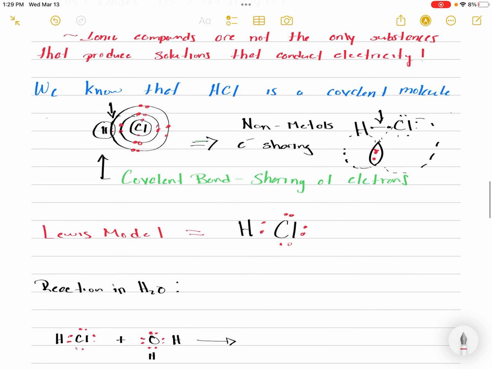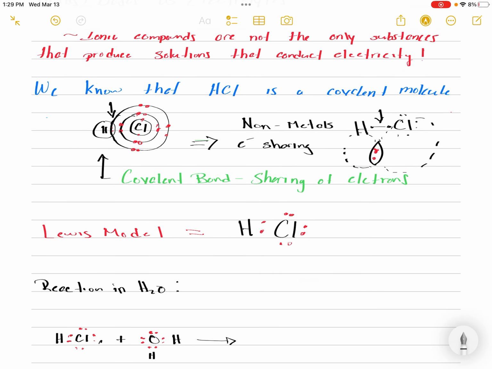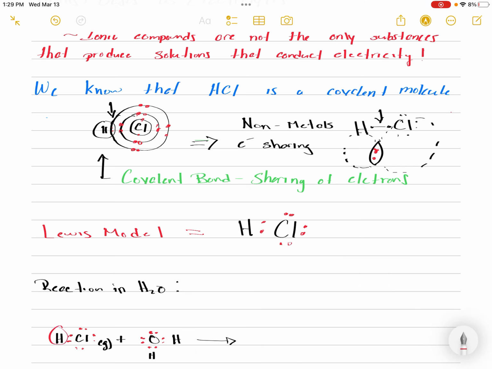Let's say you have hydrochloric acid, which typically exists as a gas, and you react it with water. Well, what happens in this situation is this hydrogen is going to come over here and bond to the water. When that happens, you form what we call a hydronium ion.